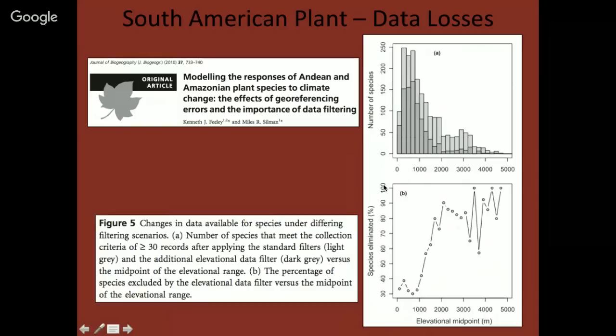Essentially what they show is the number of records that meet the collection criterion, the number of species that meet the criterion of at least 30 records after standard filters, which are shown in gray, and elevational data filters, which are shown in dark gray. And what I want you to see is that the number of species that we can analyze goes down by almost 40%.